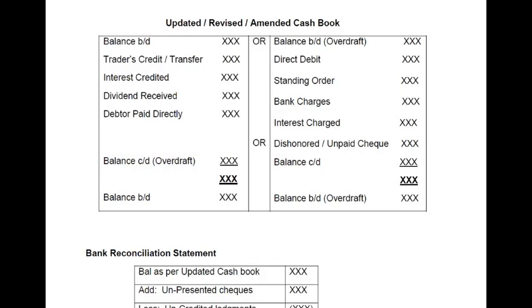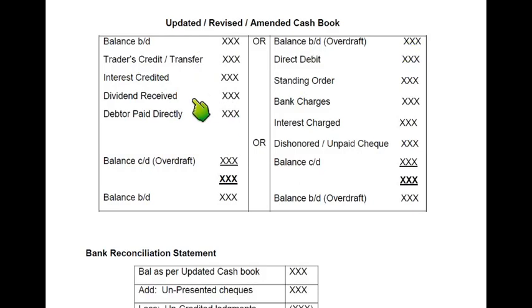It means if I have 100,000 in the bank and I want to take out 120,000, I have to go to the manager and request him to give me an overdraft of 20,000. Right now the bank will be willing to pay me 120,000 and later on I have to pay back the bank the 20,000 that I have withdrawn in excess of my original balance. That is known as overdraft. Overdraft is a liability. Asset appears on the debit side, liability appears on the credit side.